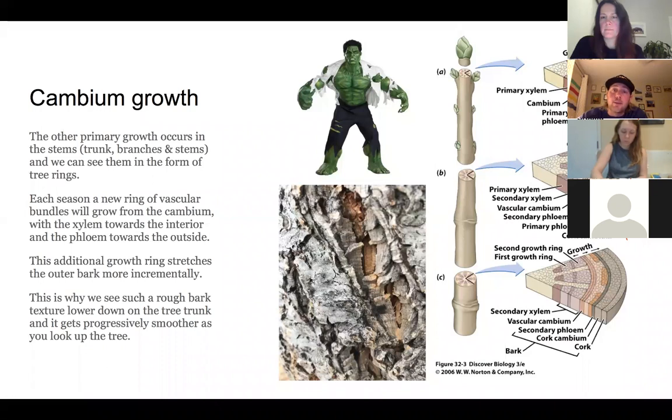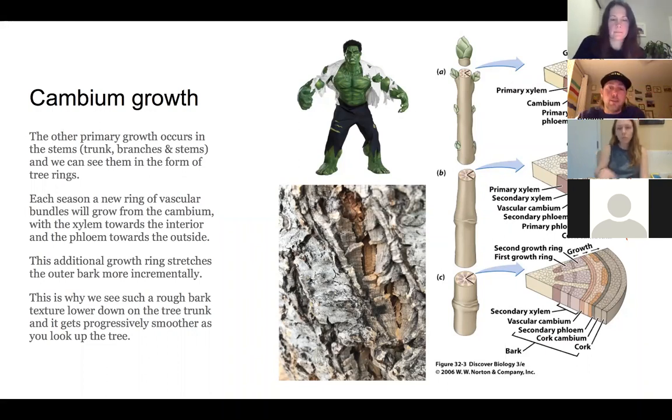And so that's what gives us this tree ring effect that we see when we see a cut tree. Whereas the apical tips are growing in length, that's what allows trees and woody perennials to grow in girth, in diameter, every year.